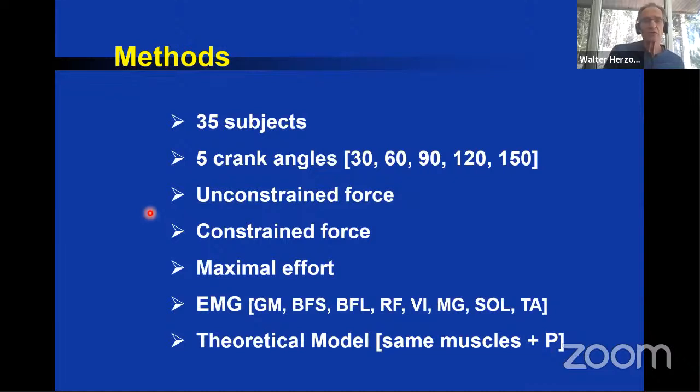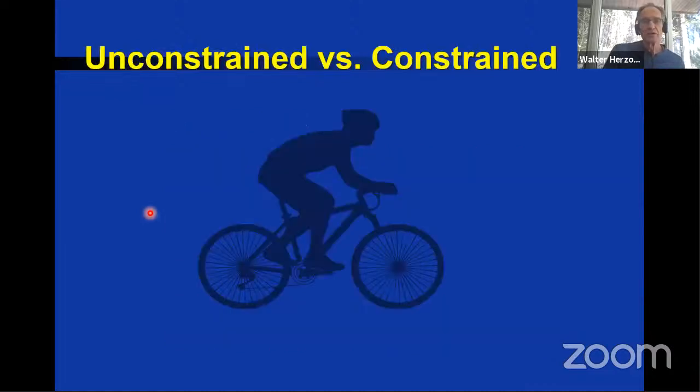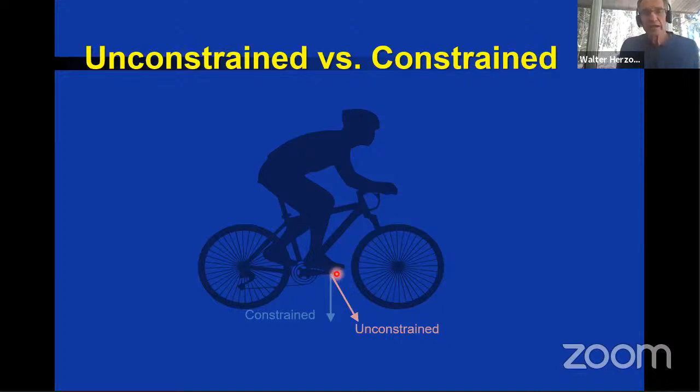But what do we mean by unconstrained and constrained? What we mean by that is when we asked the people to push the pedal in an unconstrained manner, they did not have to worry about what the direction of the resultant pedal force was. And when we asked them to push in a constrained situation, then we asked them always to push exactly perpendicular to the crank for each of the different crank angles.